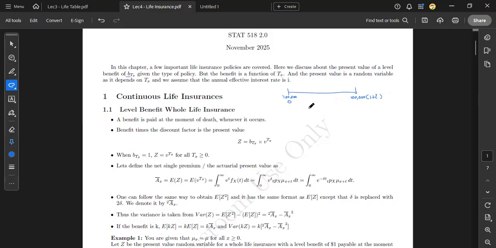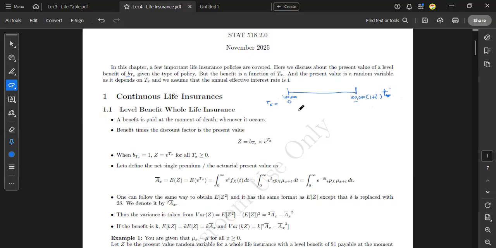If I grow my fund by 8% risk-free rate until the end of Tx years, where the event occurs, let's say for this Tx, let's say t. Now Tx goes from 0 to t, and this is the amount in my hand by the time I face this benefit payment.